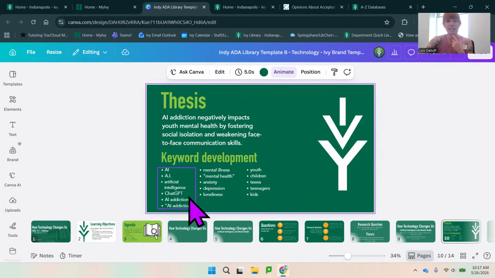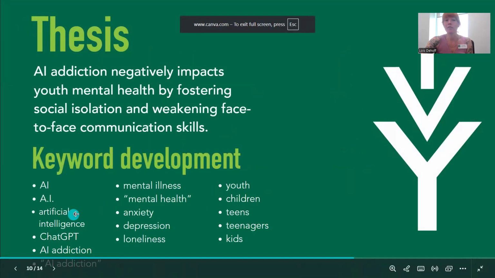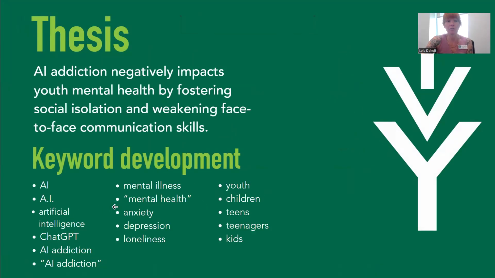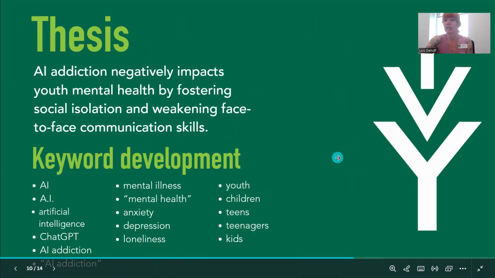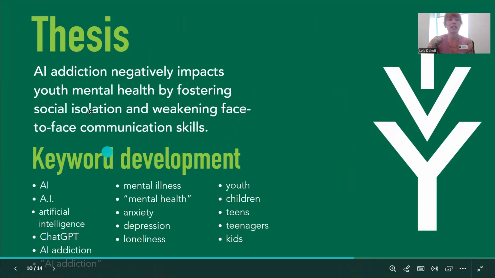Different ways I could write AI addiction include AI with no period, AI with periods. Let's see this a little bit closer. Artificial intelligence completely written out. ChatGPT, looking at something that is a special brand or a special type of AI. AI addiction with no quotes, AI addiction with quotes. All of these are different ways of looking at just this first part of my thesis.